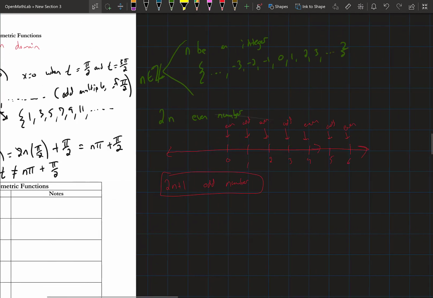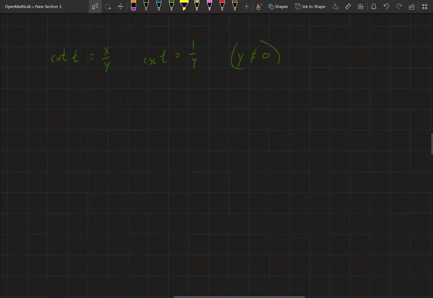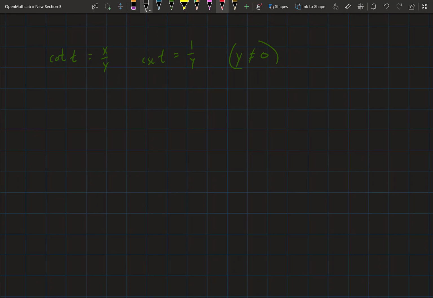So essentially, what we have is that y is equal to 0 when t is equal to 0, pi, 2 pi, 3 pi, 4 pi, 5 pi, and so forth, right? So notice what we get is that these are just multiples of pi, right?